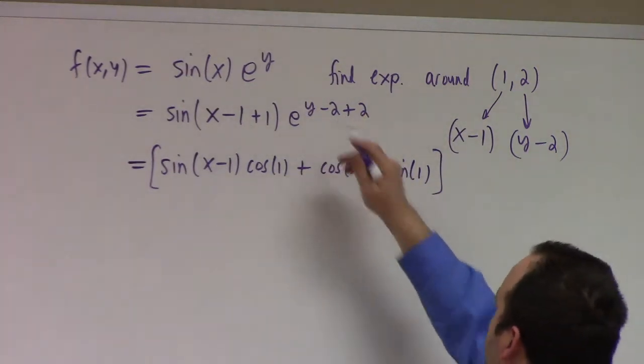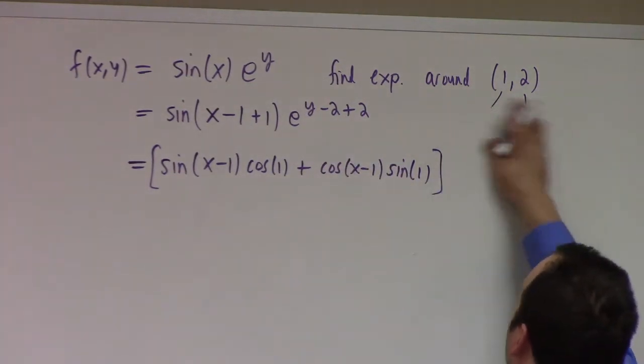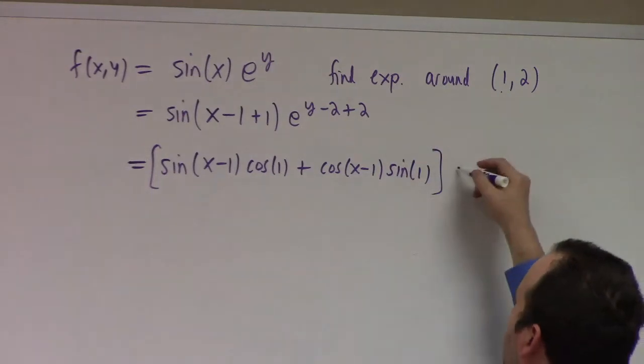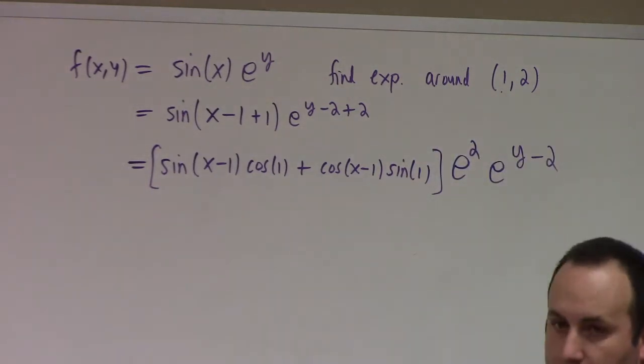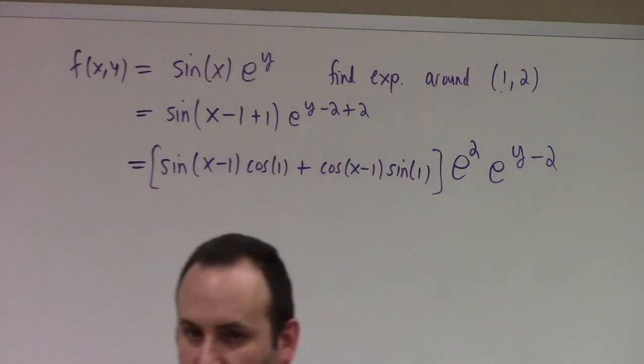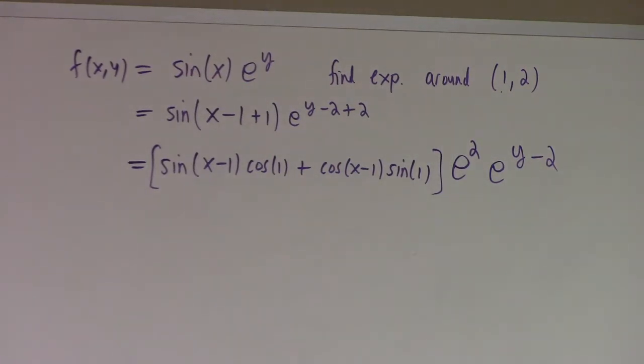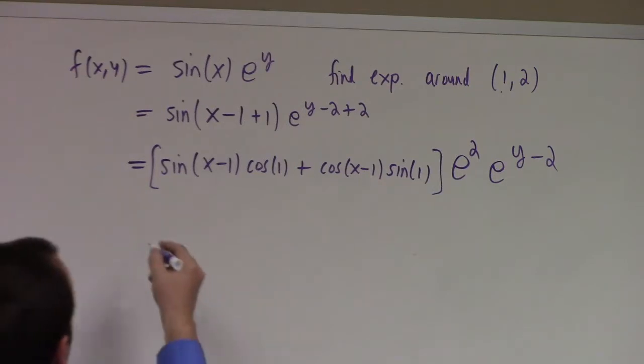And this becomes e to the 2 times e to the y minus 2. If I wanted the expansion around 1, 2 to second order or fourth order, it wouldn't be that hard.